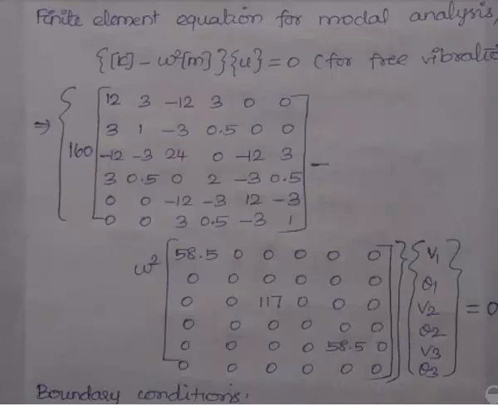We saw there are 3 nodal points, and for each nodal point 2 components are considered, one vertical deflection and the other rotation. So with 3 nodal points, there will be 6 components in the displacement matrix.